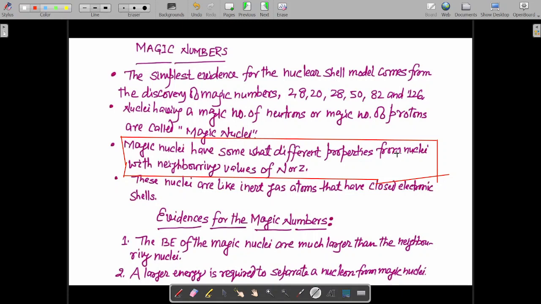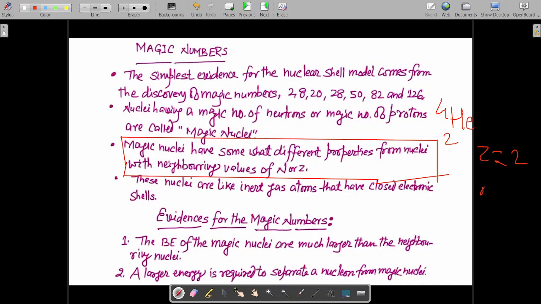Suppose we have helium. Then what is the number of protons? Number of protons is equal to 2, so it is a magic nuclei.